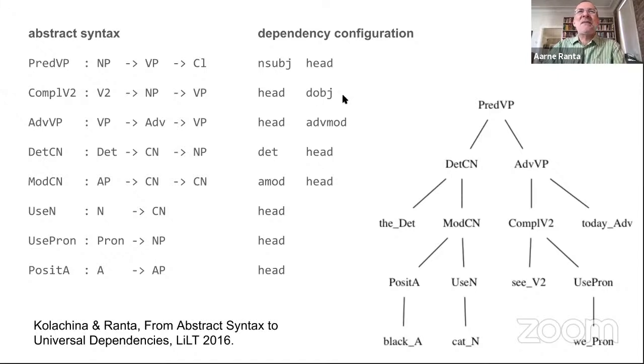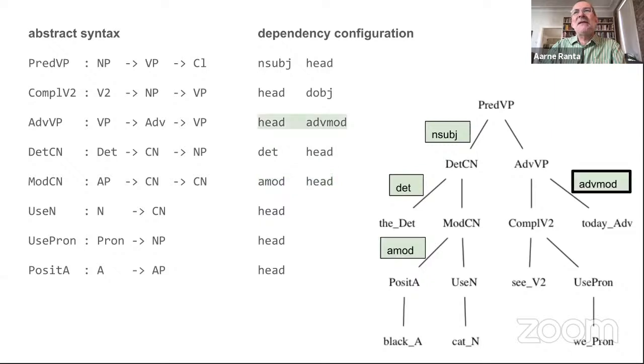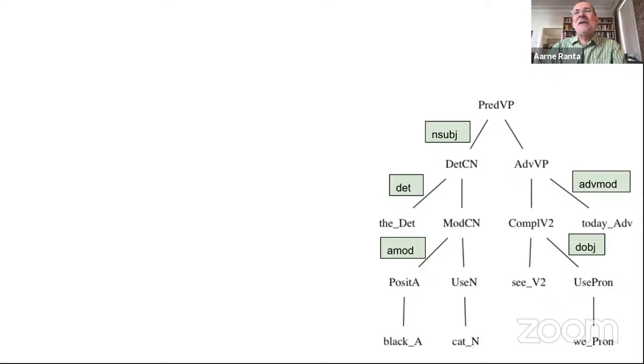So these slides are a bit old and reflect that difference. When you have this abstract syntax tree, you start by annotating all of the branches, or all of the subtrees, with these labels according to this. Then you have a labeled tree, and you can throw away the configurations, because now you can work from here.